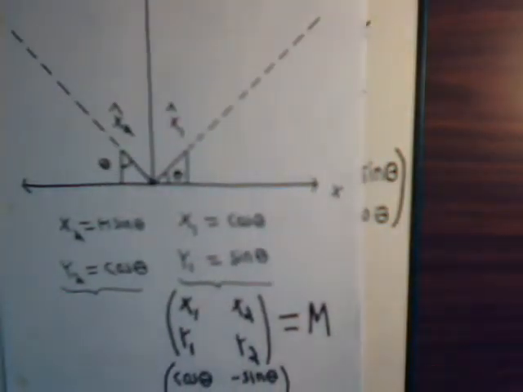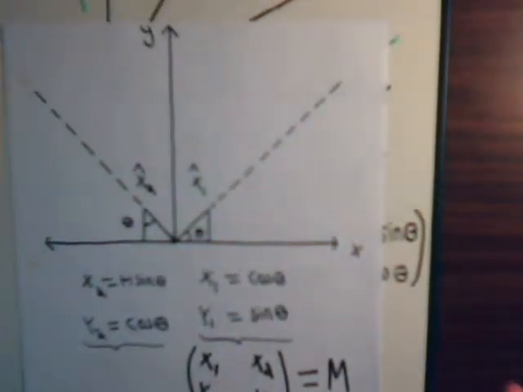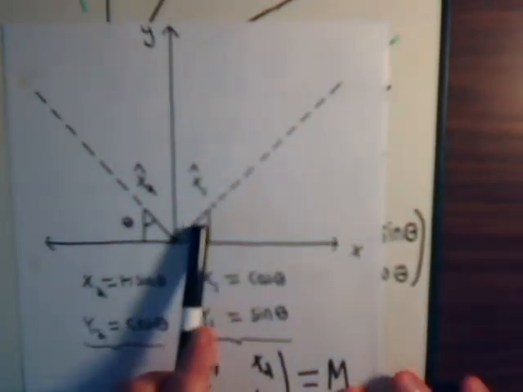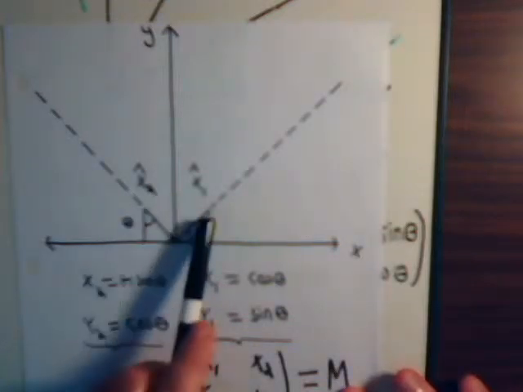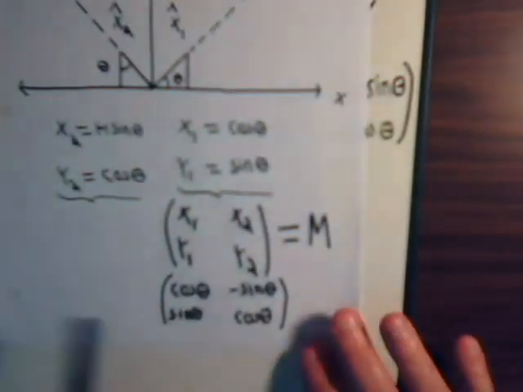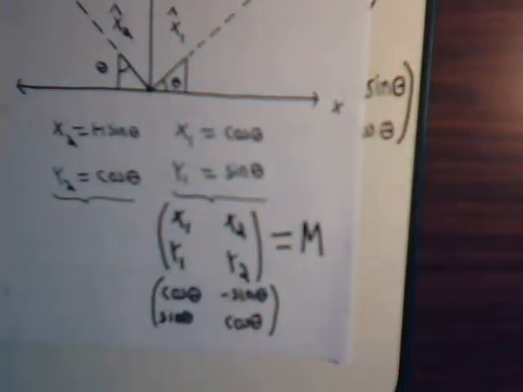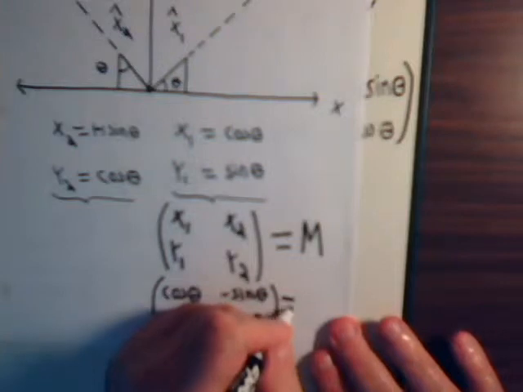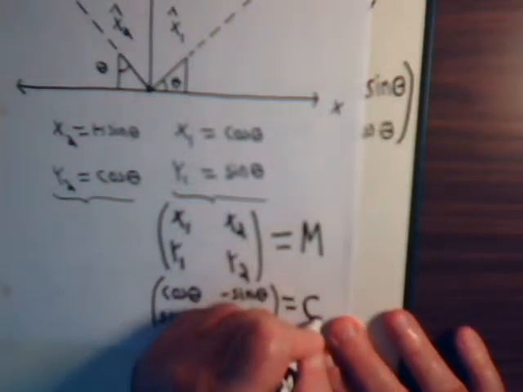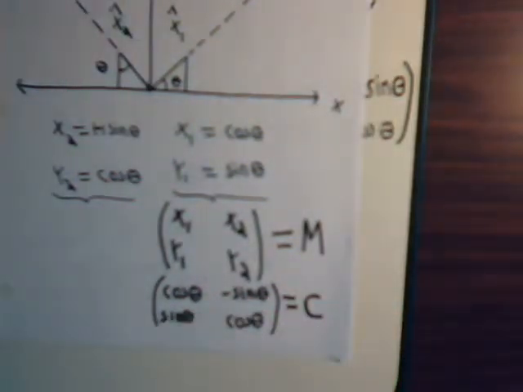So the point is that when you have two orthogonal eigenvectors, and you're always guaranteed orthogonal eigenvectors when you have a symmetric matrix, when you take the unit eigenvectors, the Model matrix that we make is the same thing as the rotation matrix that we were calling C.